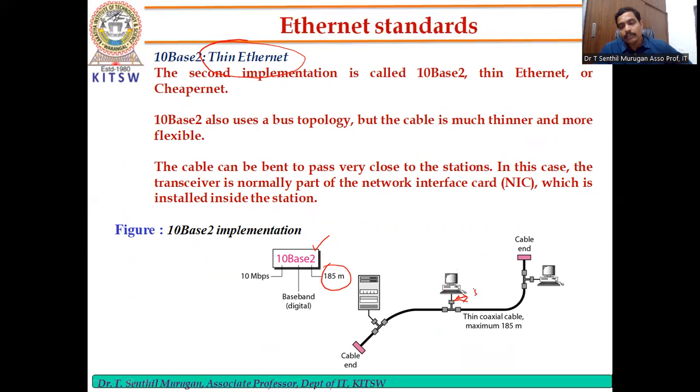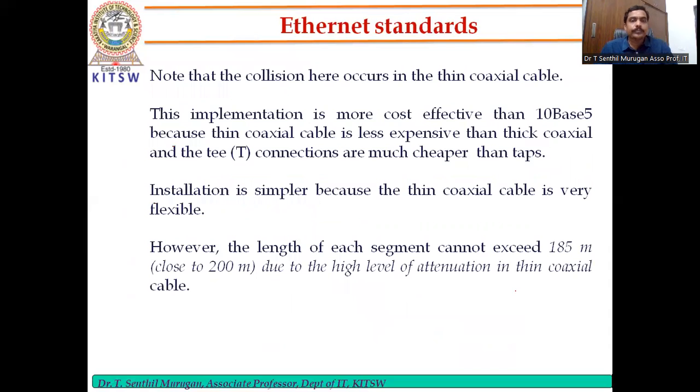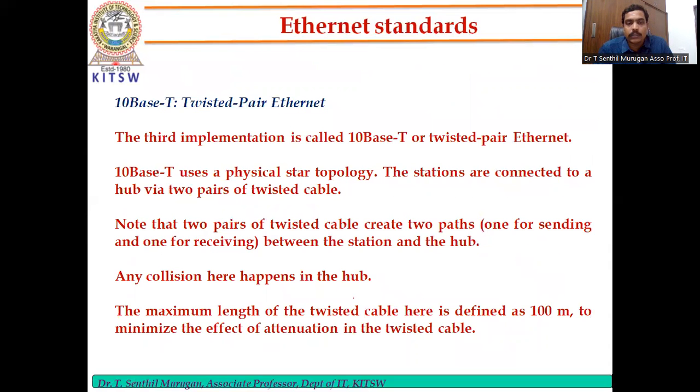Here there is no 50-meter cable restriction like the previous method; the cable will bend to the nearest station and take the connection from there. The maximum length is 185 meters. Just remember that they are using coaxial cable as well as bus topology. These two techniques use bus topology only.